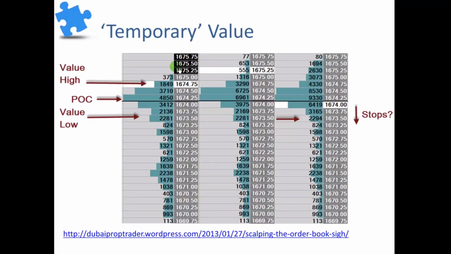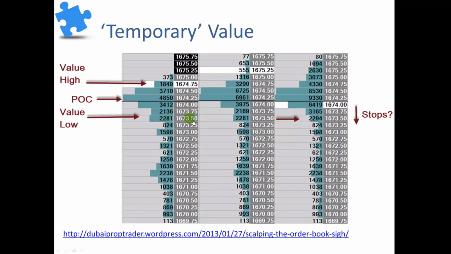Okay. Now, in terms of what we traditionally call a value area, you just effectively take the highest volume price for the day and you grab 70% of the volume around that. So in terms of a temporary value area, we kind of look at it like, well, 73.50 here would be our kind of value low.